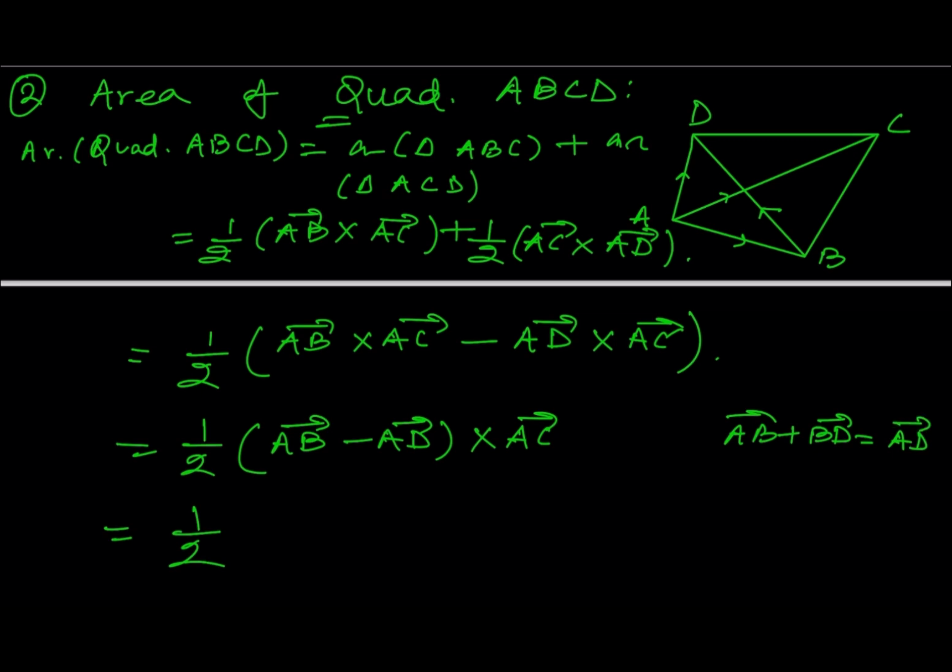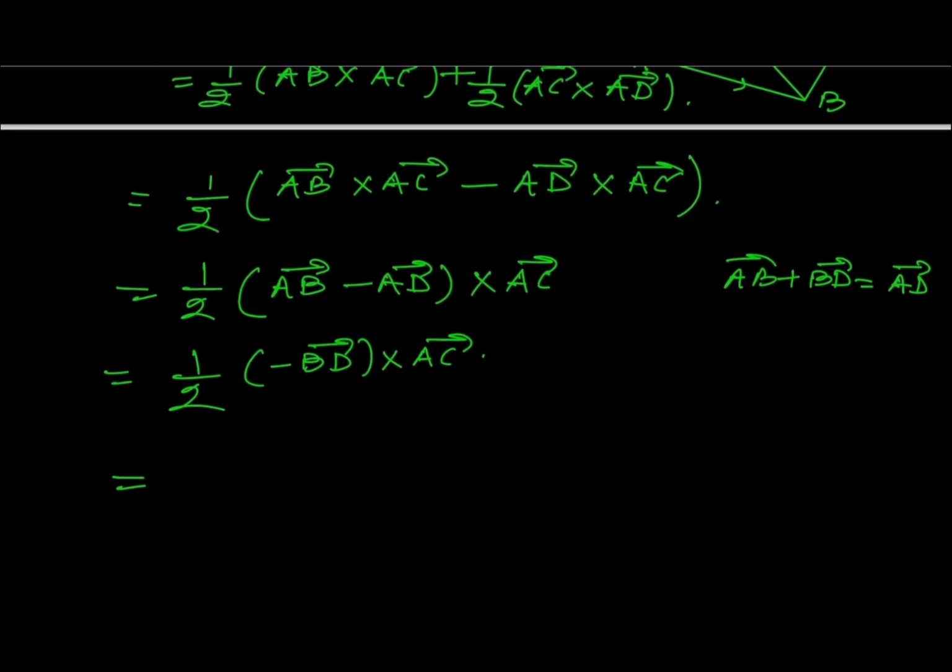So AB vector minus AD vector is minus BD vector. So here this is minus BD vector cross AC vector. Okay. So this will be written as half of AC cross BD: area of quadrilateral is half AC cross BD.